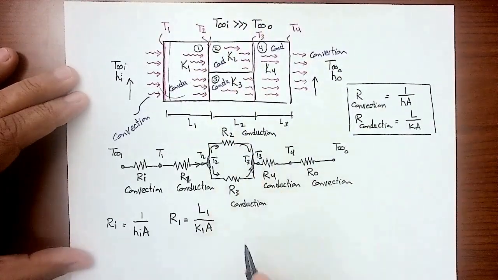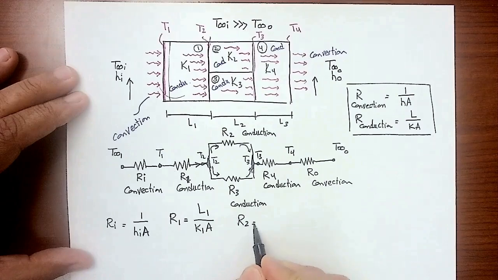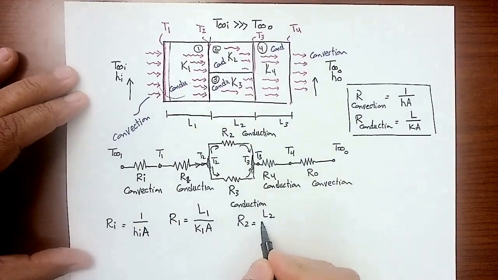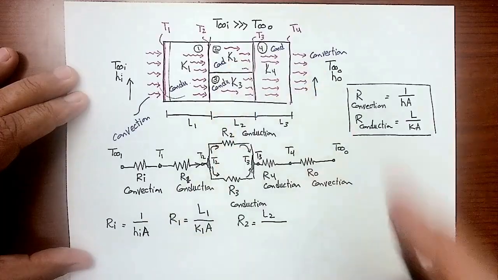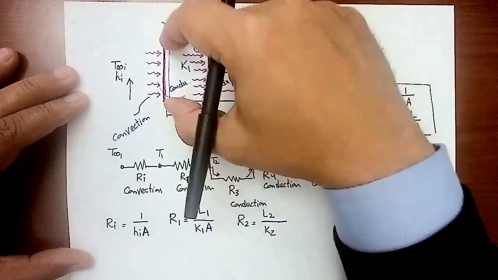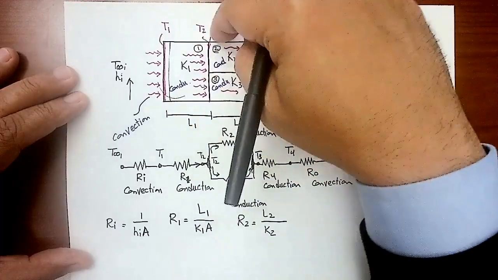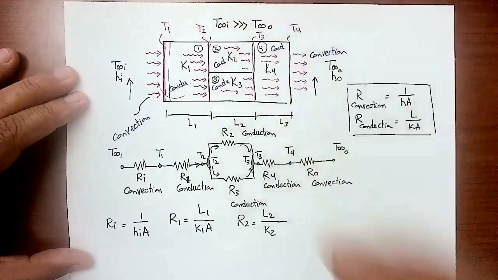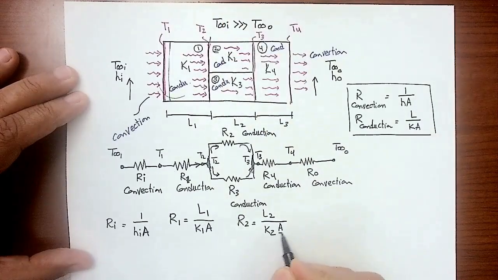Now, let's go for R2. This is conduction. The length of this block is L2. The thermal conductivity of the upper block is K2. Now, the height is half the total height, and the depth is the same, which means I'm getting half of the area. So this will be A over 2.